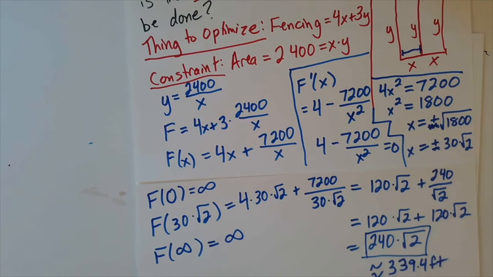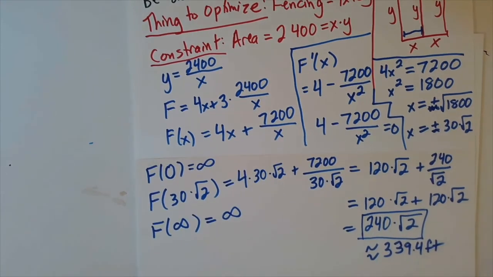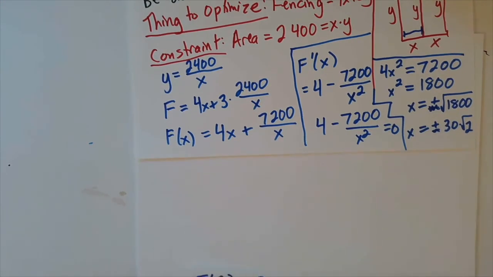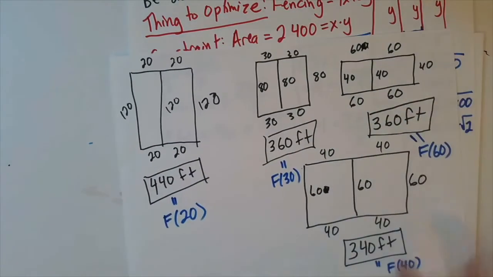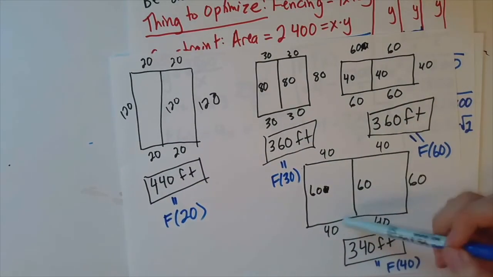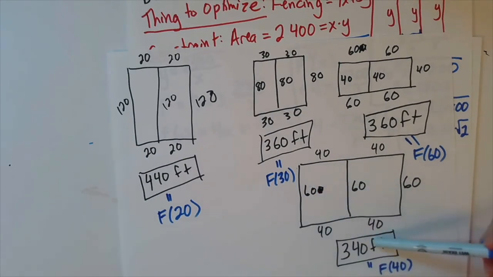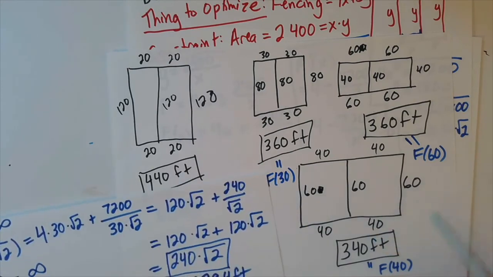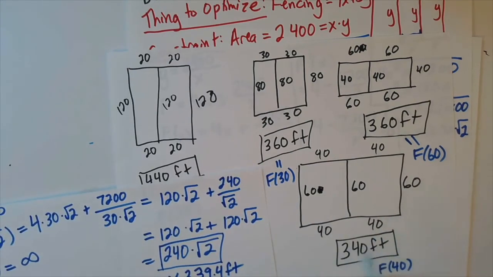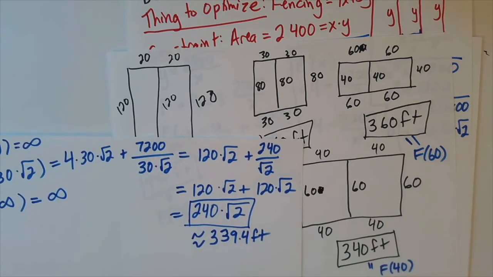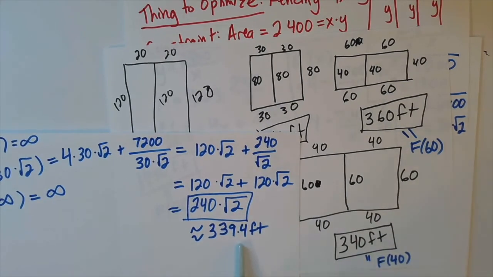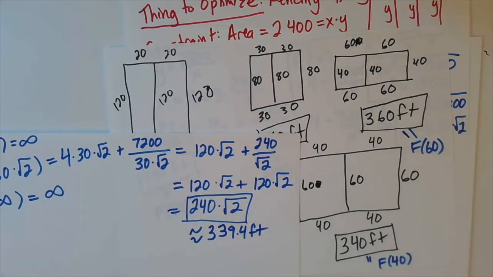Now, that's kind of amusing, as it would happen, because we looked before at all of these, and one of the ones we just happened to guess was this 40 by 60 fence, which turned out not to be the best. But it turned out not to be the best by a very, very slim margin, because our better fence that we found was actually better in that it saved 0.6 feet of fencing.